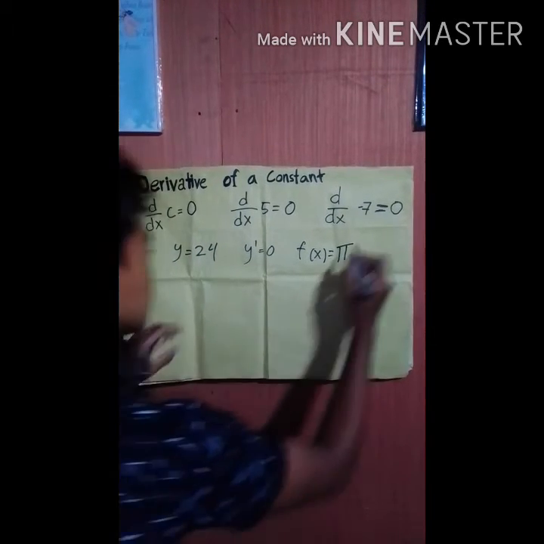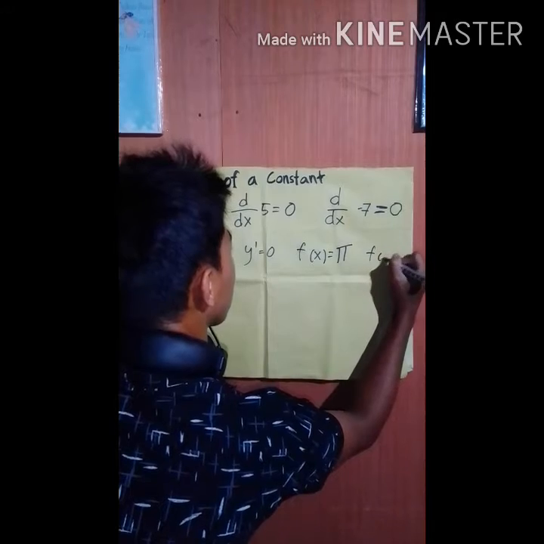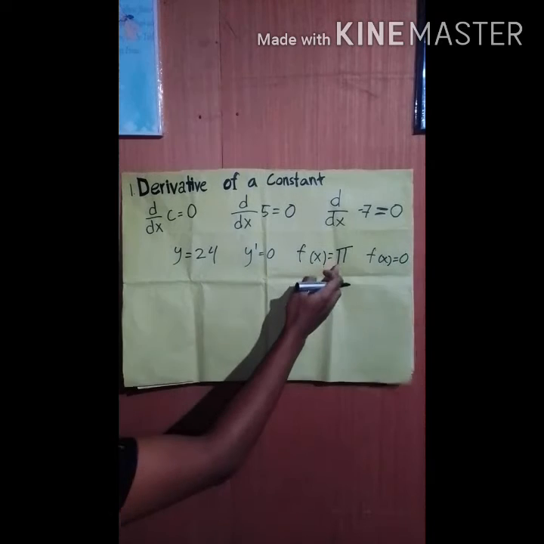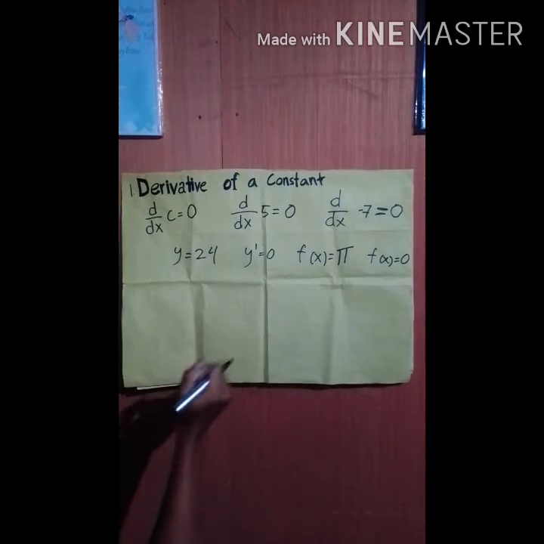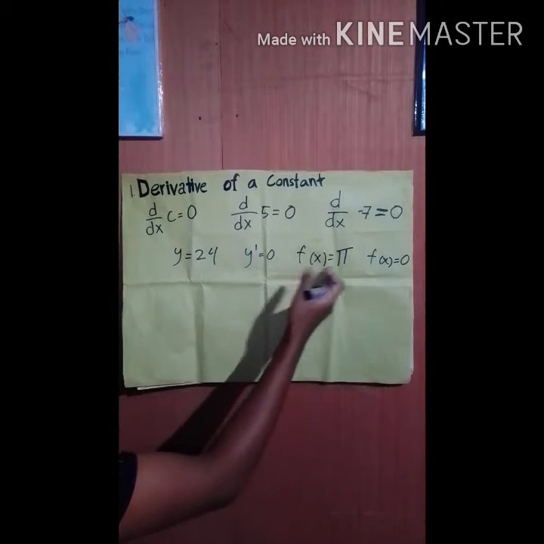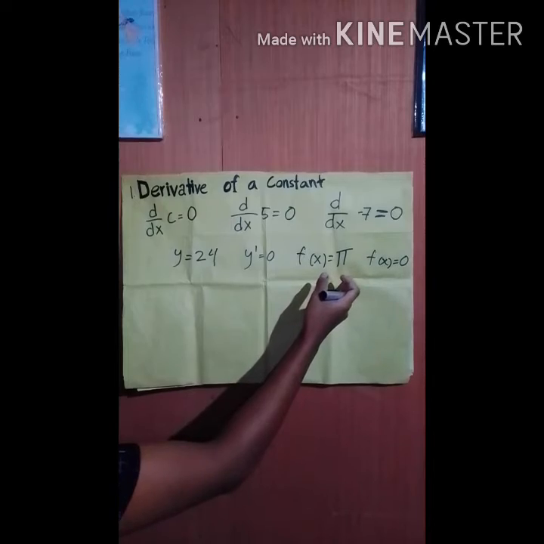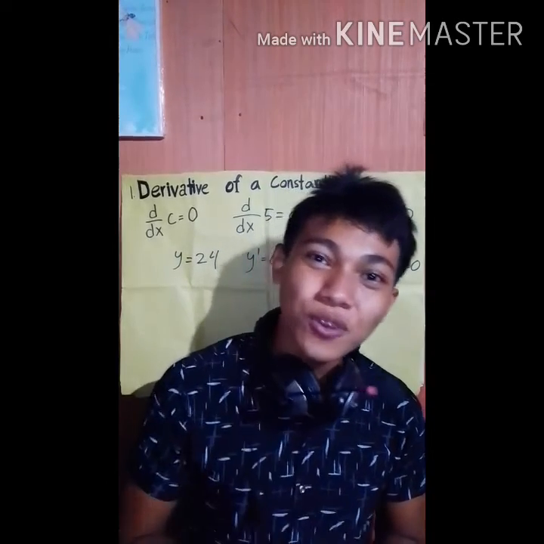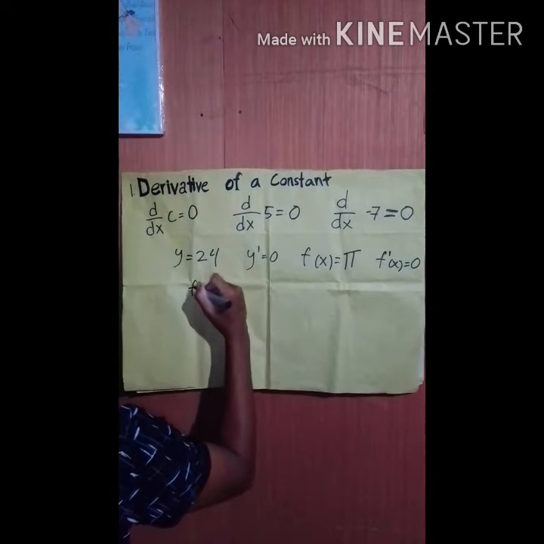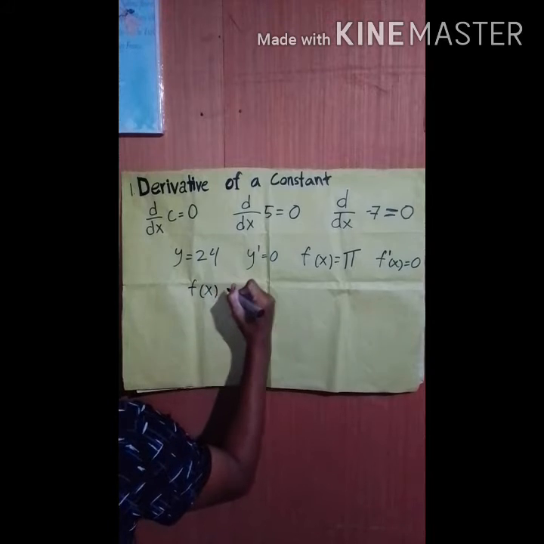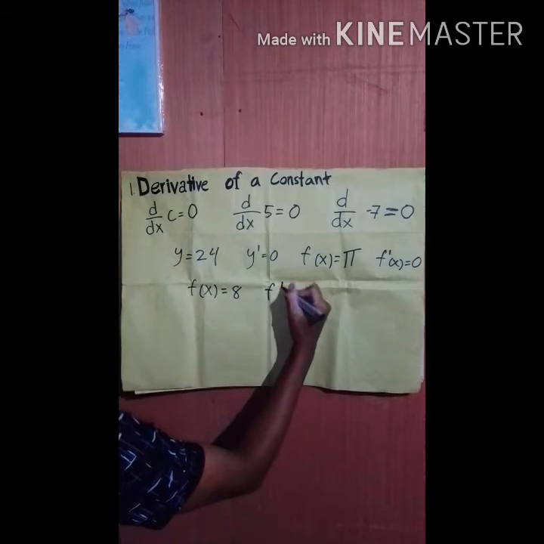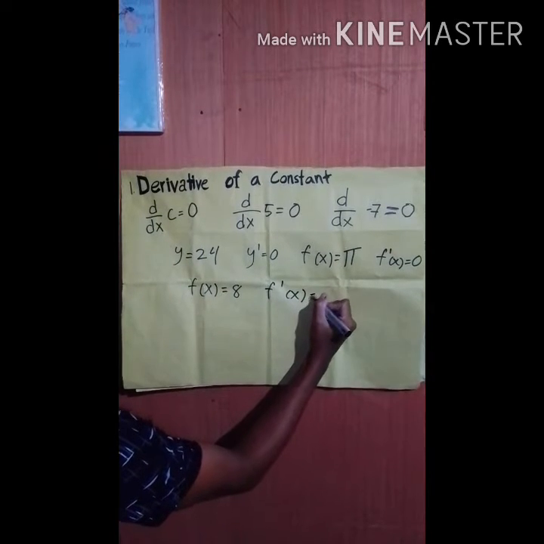The answer is f prime of x is equal to 0. Pi is not a variable, it's a constant, so the derivative of that function, f prime of x, is 0. Another one, f of x is equal to 8. The answer is f prime of x is equal to 0.